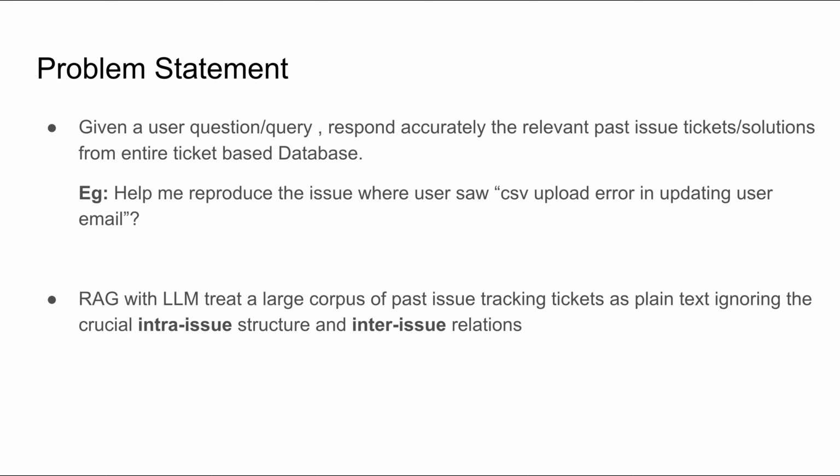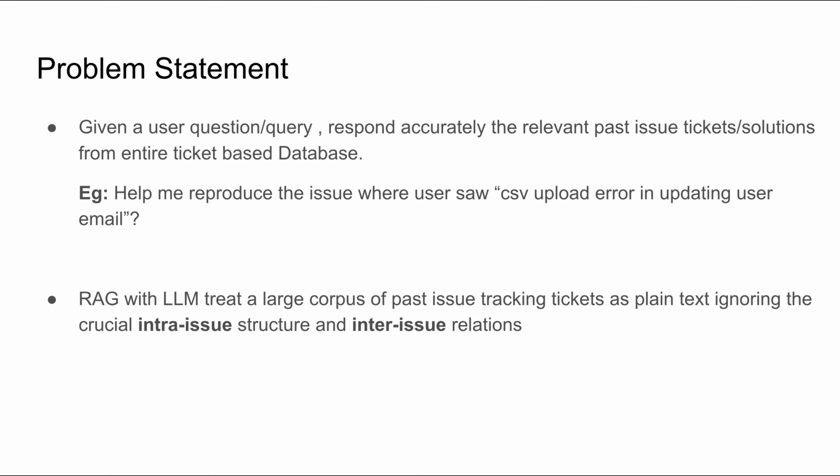So the solution system should actually go and find out those tickets and extract the particular intent that the user is trying to fetch from the system. For example, let's say user wants to reproduce the issue, so there must be some given steps in some of the tickets. So the solution should extract that particular information and give out as a response to the user along with the ticket ID.